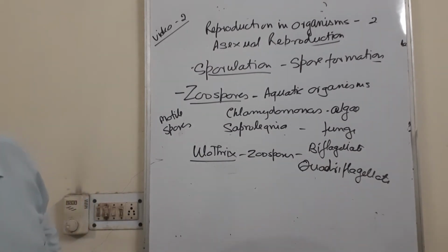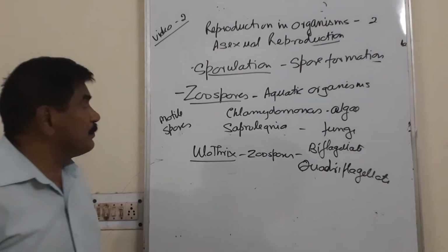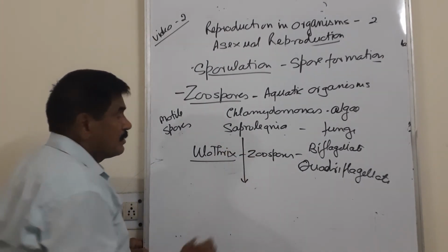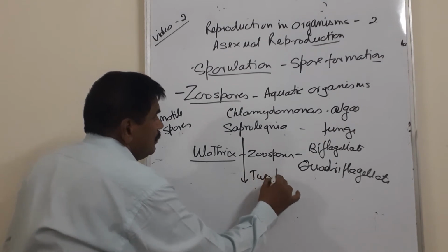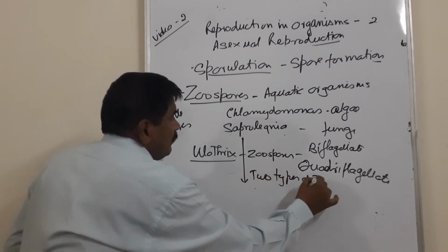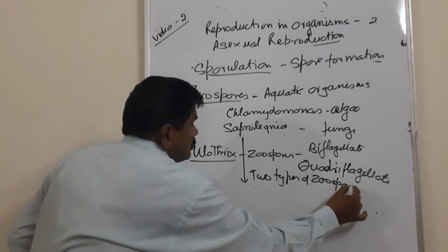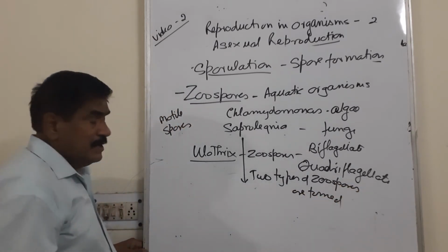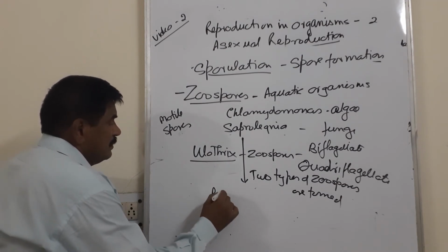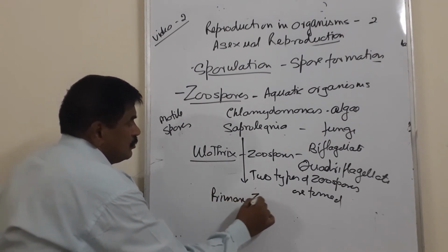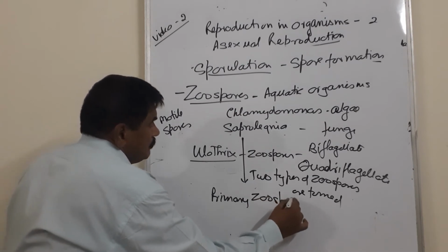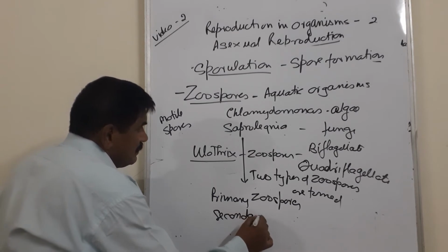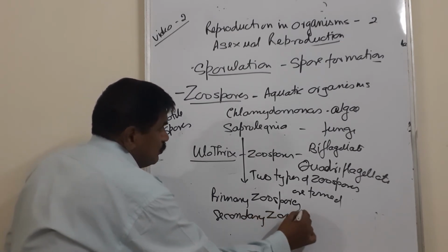One very important information goes to, that is in Saprolegnia, 2 types of zoospores are found. One is primary zoospores and second is secondary zoospores.